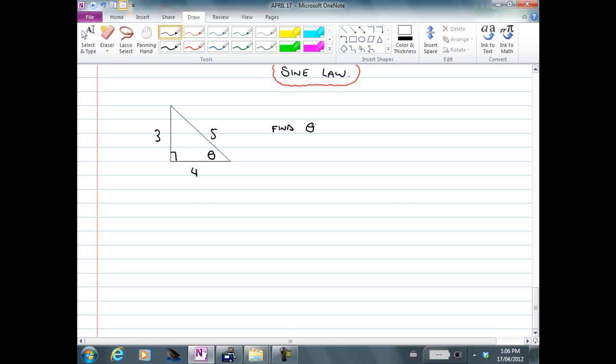See, the moment you have 90 degrees, what technique did you use? Sine. What would you do? Sine theta for now equals 3 over 5.